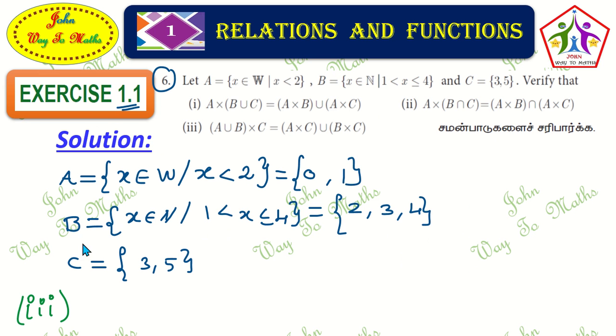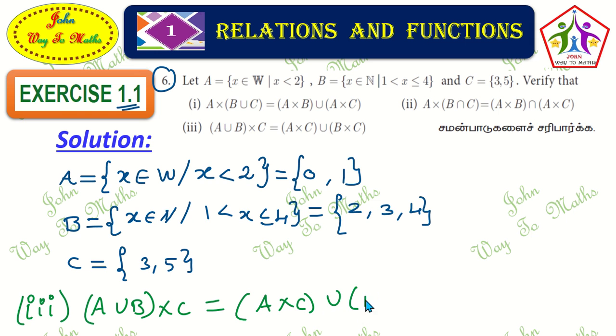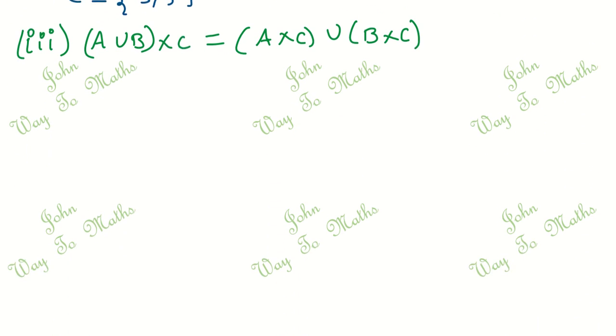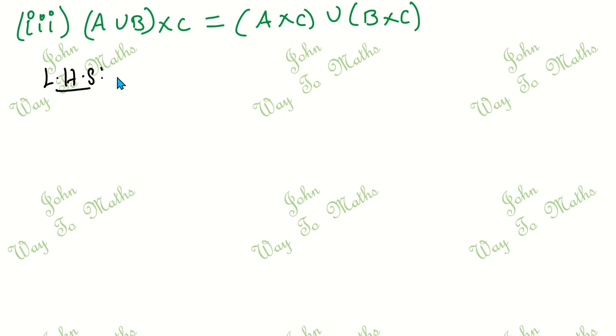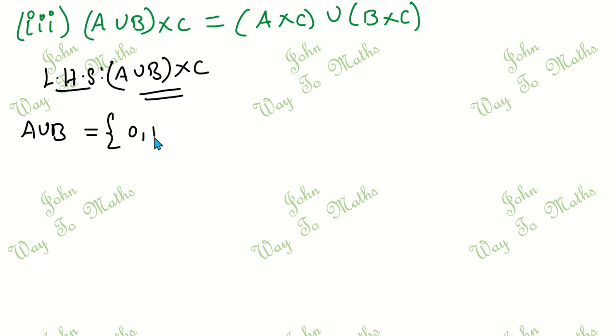So next I am going to prove subdivision 3. So here A union B cross C is equal to A cross C union B cross C. So first I am going to choose the LHS, which becomes A union B cross C. First I am going to find A union B: the A set becomes 0 comma 1 union the B set becomes 2 comma 3 comma 4.